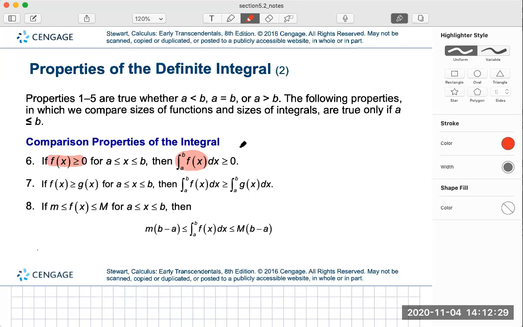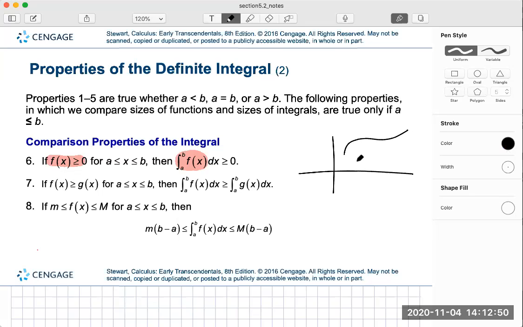Makes sense, right? If the function f(x) is larger than g(x) for any point x between a and b, then the integral of f will be larger than the integral of g. You can draw a graph and see it.